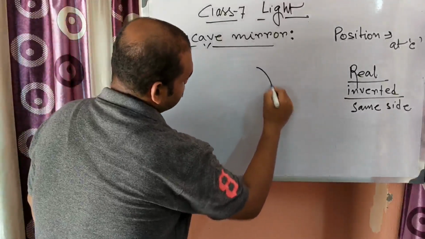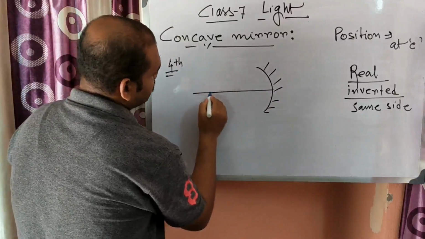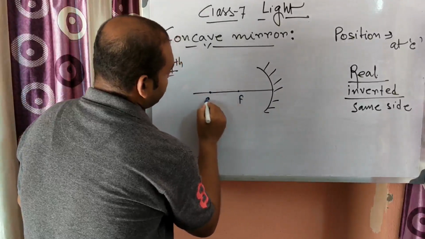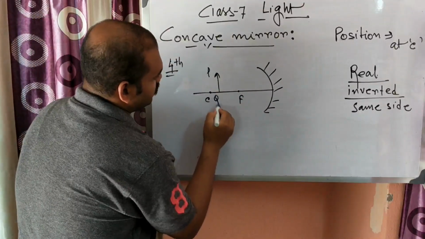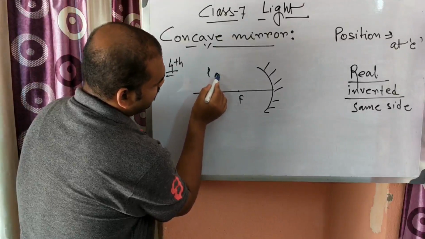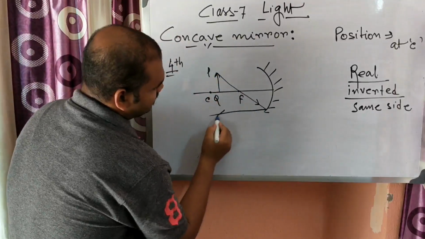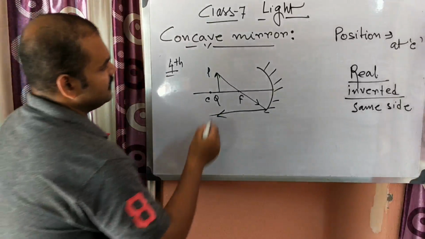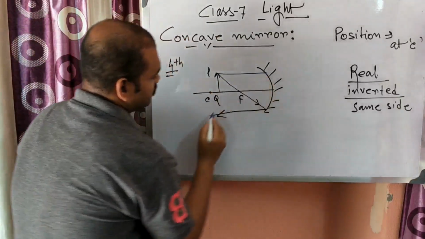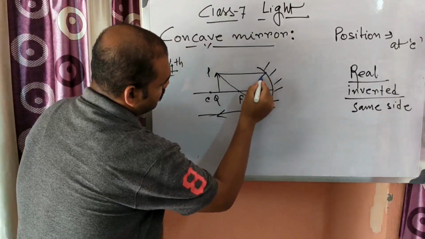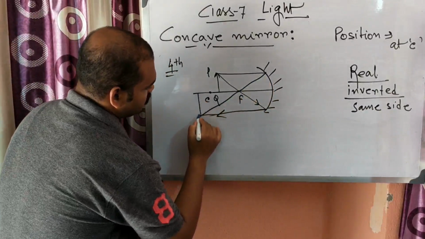Let the fourth position be, suppose this is F, this is C. Now between F and C, suppose this is P, this is Q. A ray is coming from P towards F, after reflection it will go parallelly, okay, and a ray which is coming parallel after passing through P, it will come like this, go through the focus, okay, and we will get a particular image over here.